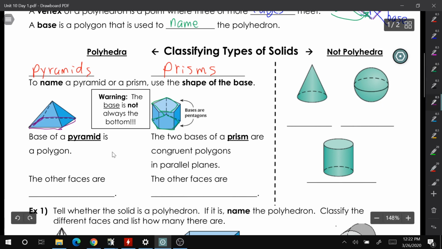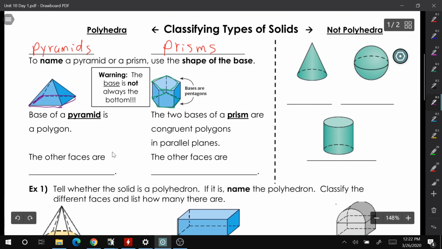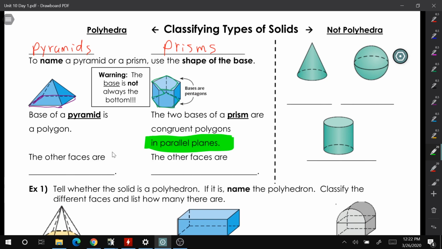It is important to know that the bases of a prism are not always the top and bottom. The two bases are always parallel. So the two bases should never touch each other. And then the other faces are parallelograms.